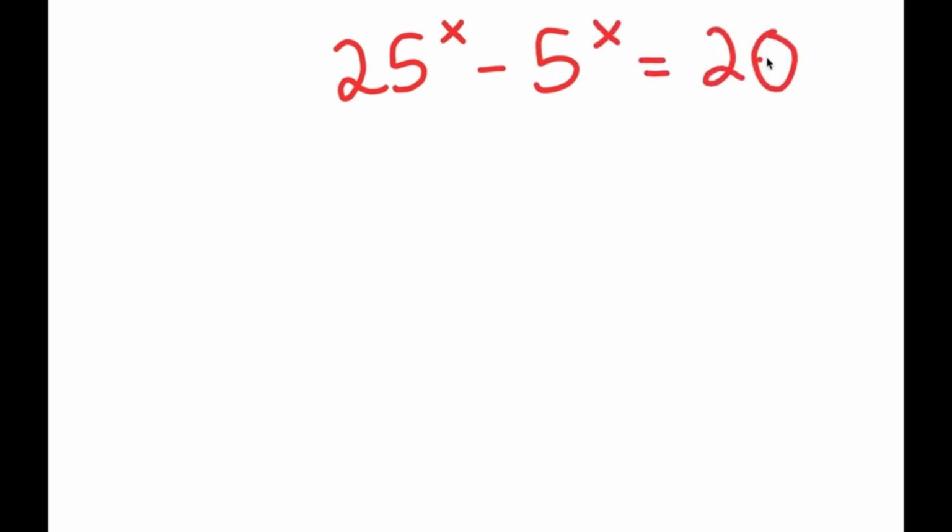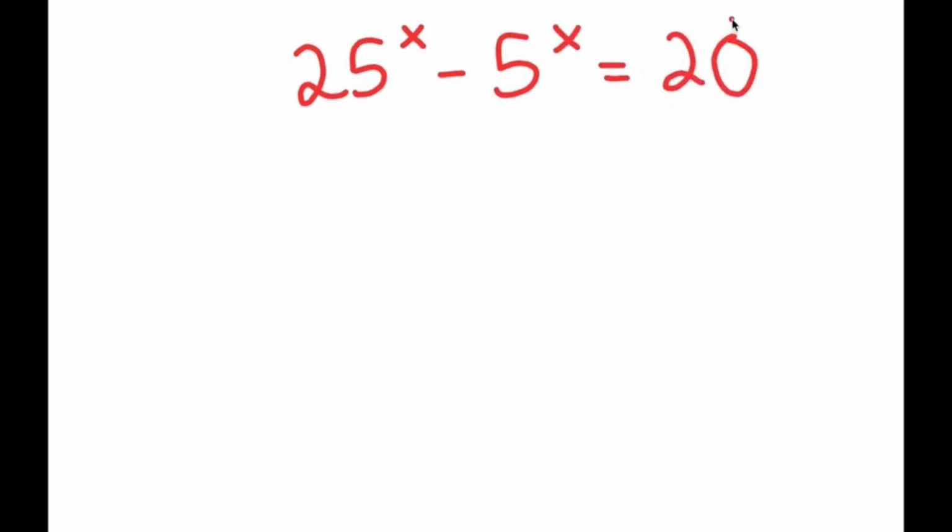Alright, so in this video, I'm going to be solving the equation 25 to the power of x minus 5 to the power of x is equal to 20. So to solve this equation, I'm going to first start by subtracting 20 on both sides.